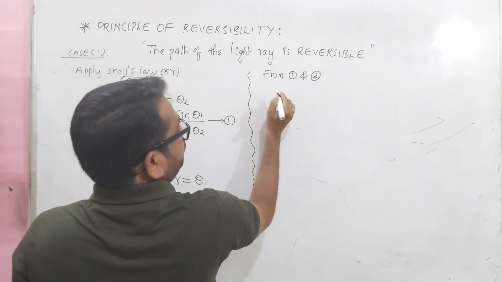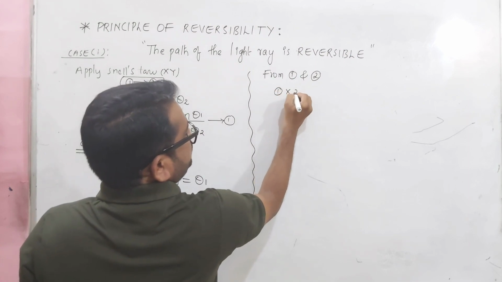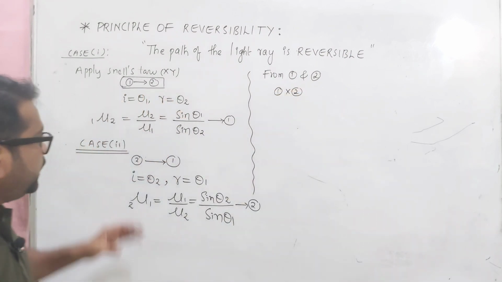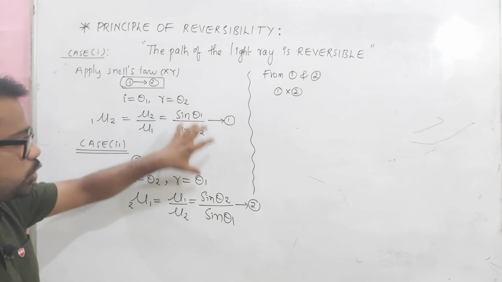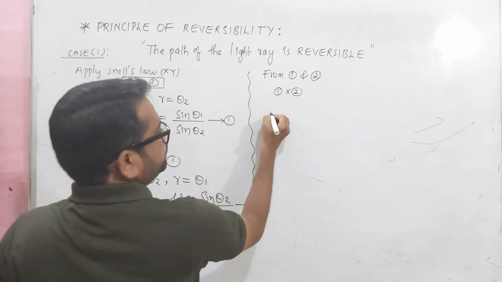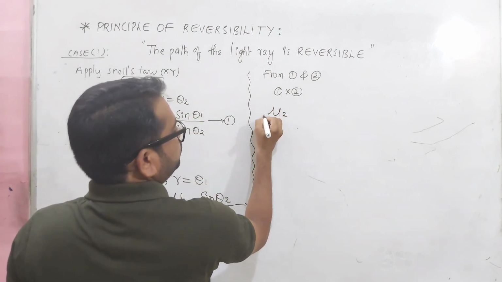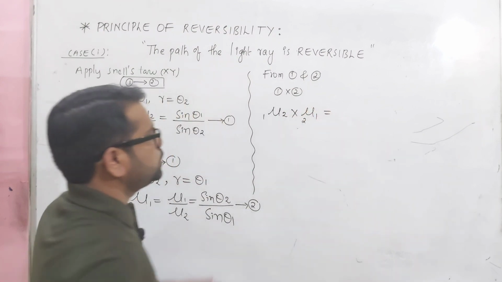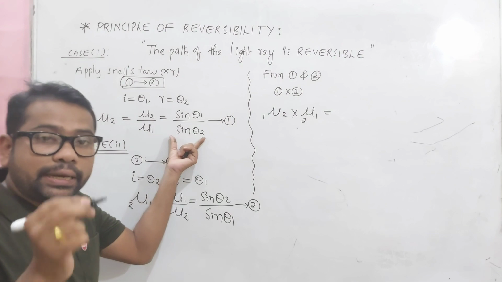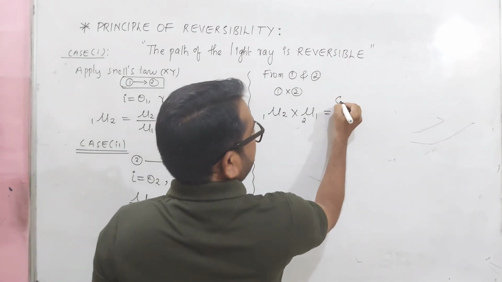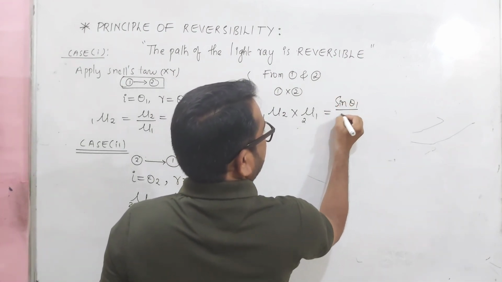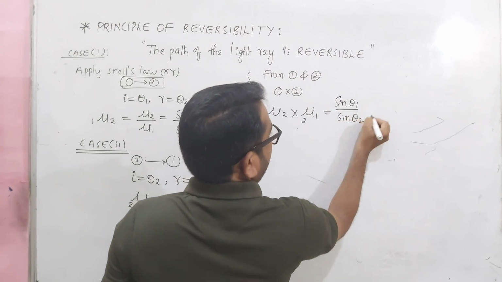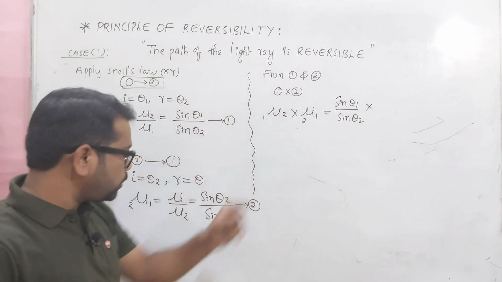We are multiplying the first equation with the second equation. I mean, LHS should be multiplied and RHS should be multiplied. So, it is going to be mu 21 into mu 12 is equal to. Mu 21 is nothing but sine theta 1 by sine theta 2, into mu 1 to 2, which is what, children?